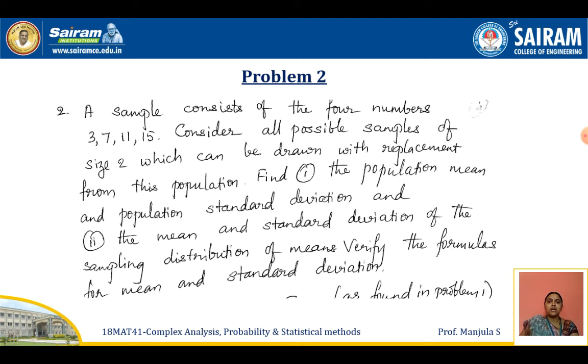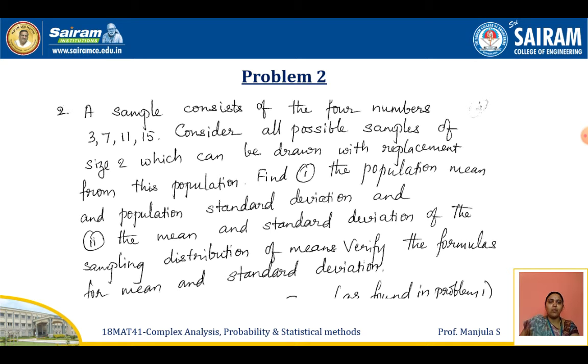A population consists of the four numbers 3, 7, 11, 15. Consider all possible samples of size 2 which can be drawn with replacement. I think this is the previous problem only. The only difference is that the earlier condition was without replacement, but here the condition is with replacement.